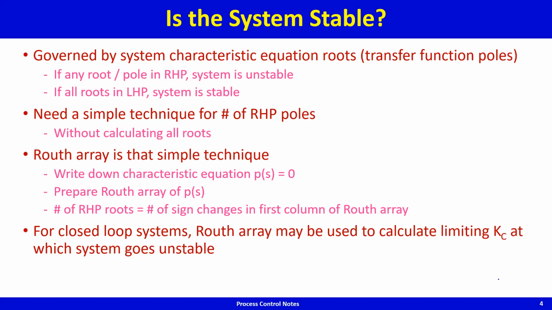Now, in order for none of the elements to exhibit a sign change, there is a constraint on Kc, and this constraint can be used to calculate the limiting value of Kc at which the system goes unstable. So the Routh array can also be used for figuring out when a particular characteristic equation goes unstable as Kc is changed. What is that limiting value of Kc for which the closed loop system, whose characteristic equation is known, goes unstable?